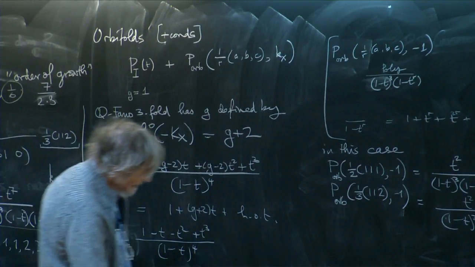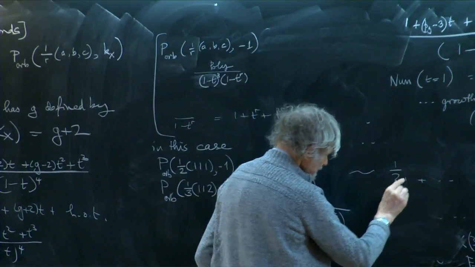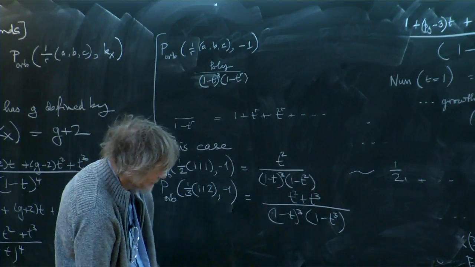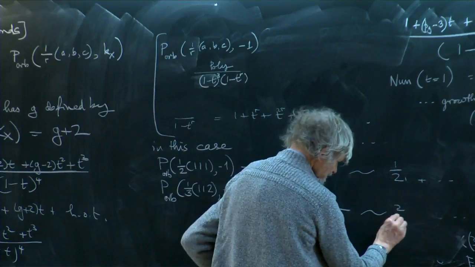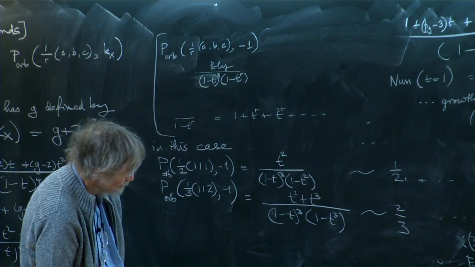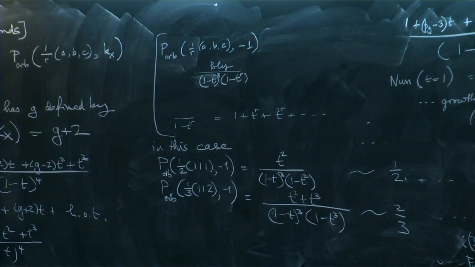Yes? On the other hand, this one here grows like 1/2, right? You know, ice cream every other day. You get half an ice cream every day. And this one grows like 2/3. Yes? And anyway, I mean, this is the magic.